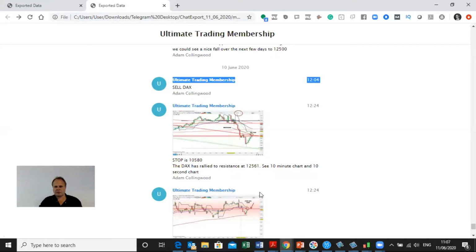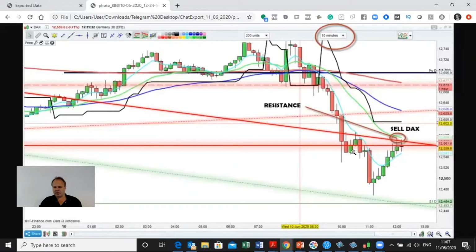The reason was that at that point, the DAX had come up and touched that resistance point at 12,561. It tried to push through there, and we were looking for a sell entry as it was going to come back down again.